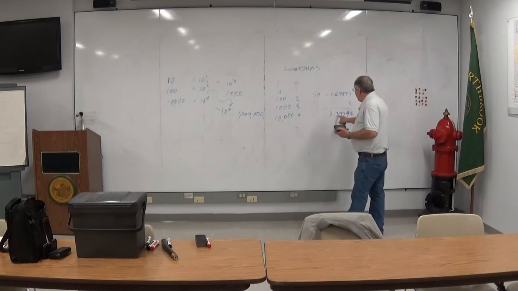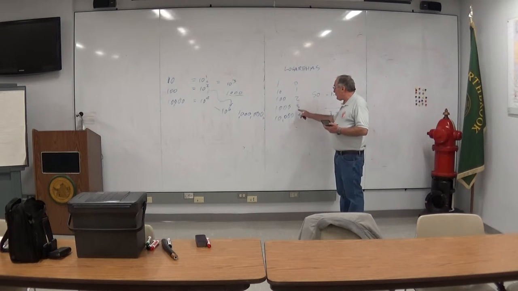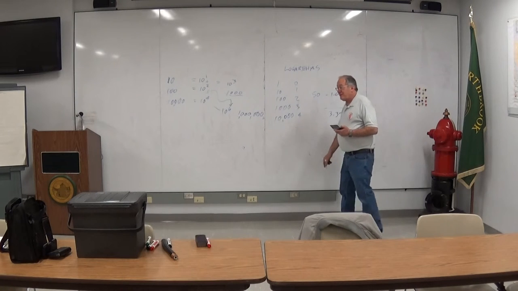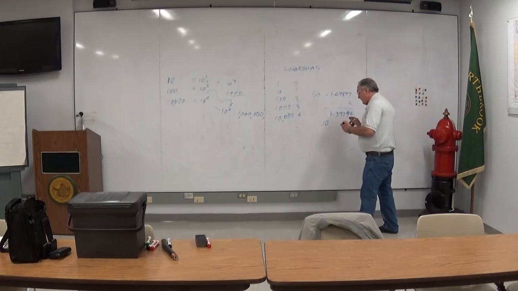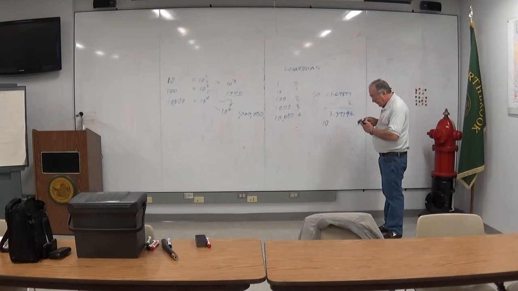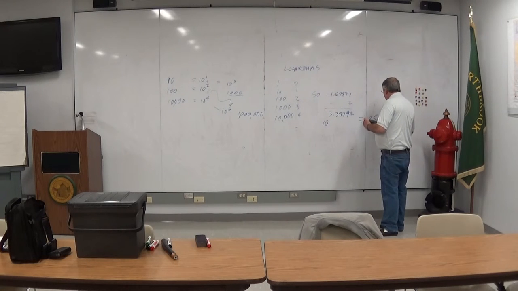If this is the logarithm, and we turn the process backwards, we're going to have a number between 1,000 and 10,000. What would that number be? Well, here's what I'm going to do. I'm going to raise 10 to that power. Let's see what I get. And the number I get is 2,500.